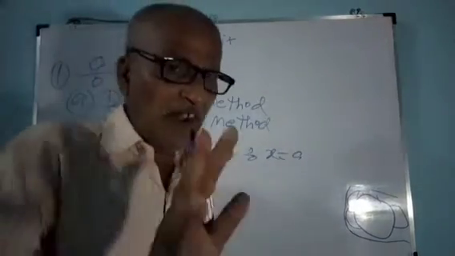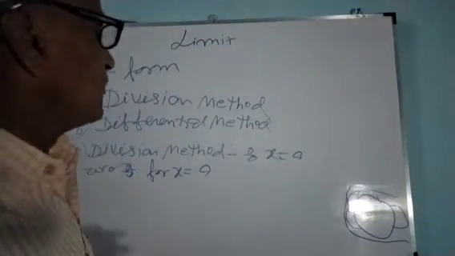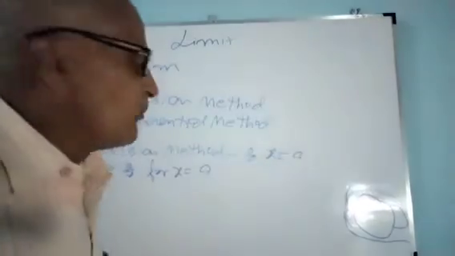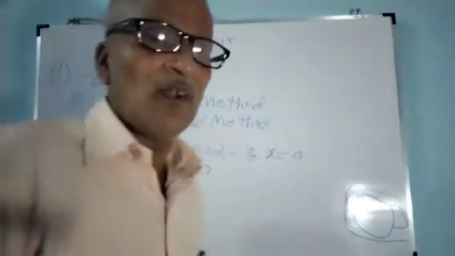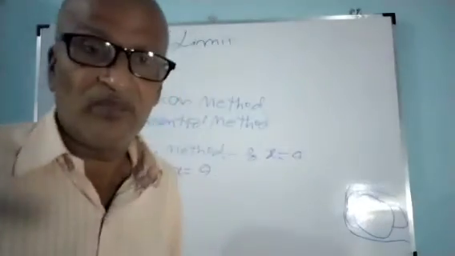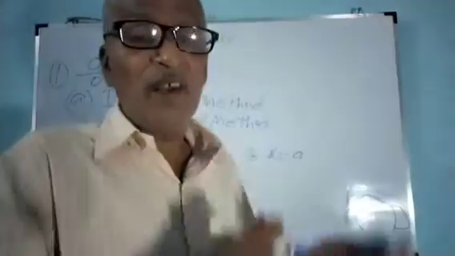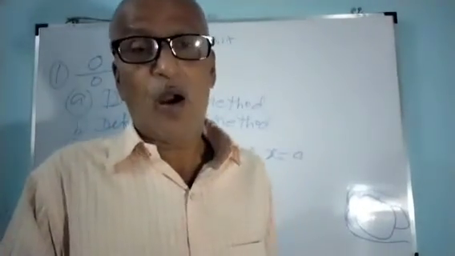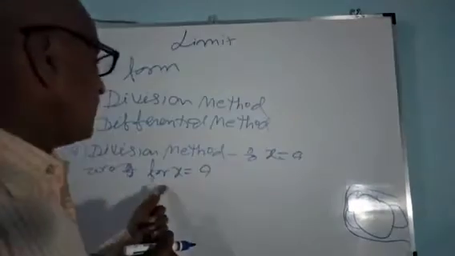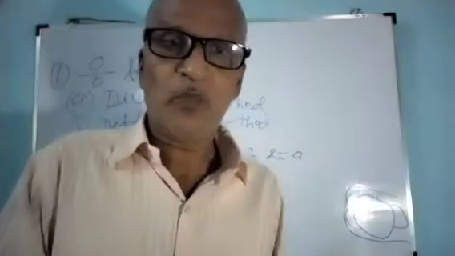I repeat again, attention please. If the function takes the form 0 by 0 for x is equal to a, then there must be a common factor between the numerator and denominator of the function which becomes 0 for x is equal to a.